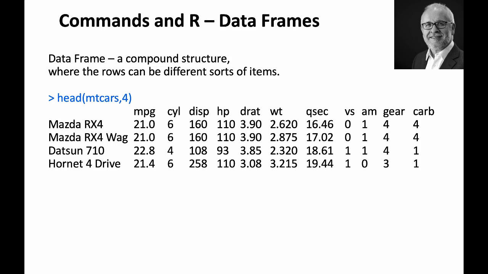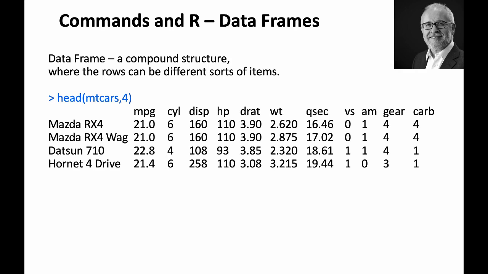Now, if R is about vectors, it's also around data frames. Data frames are absolutely central to how we use R, and a data frame is a collection of vectors, and they can hold very different information. So you could have one vector in the structure that holds text, another vector that holds integers, another vector which holds factors, another vector which holds things like the weight of the car and so on.